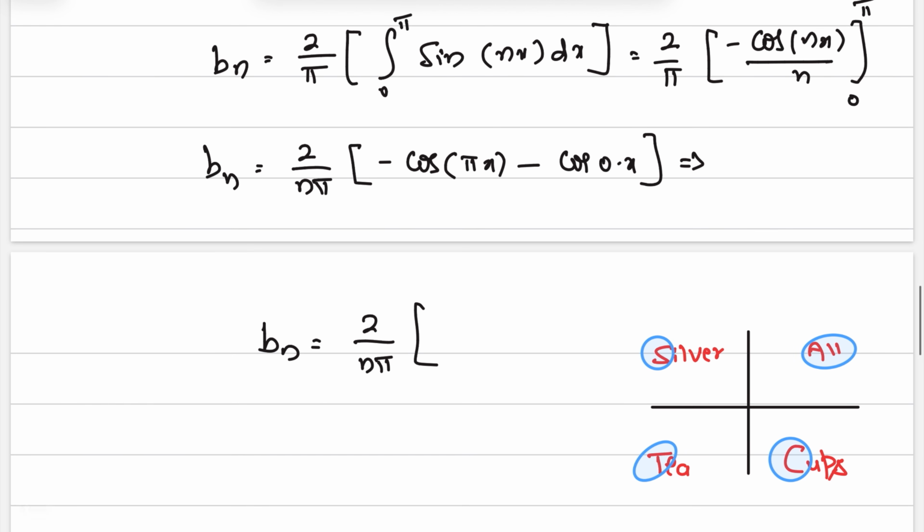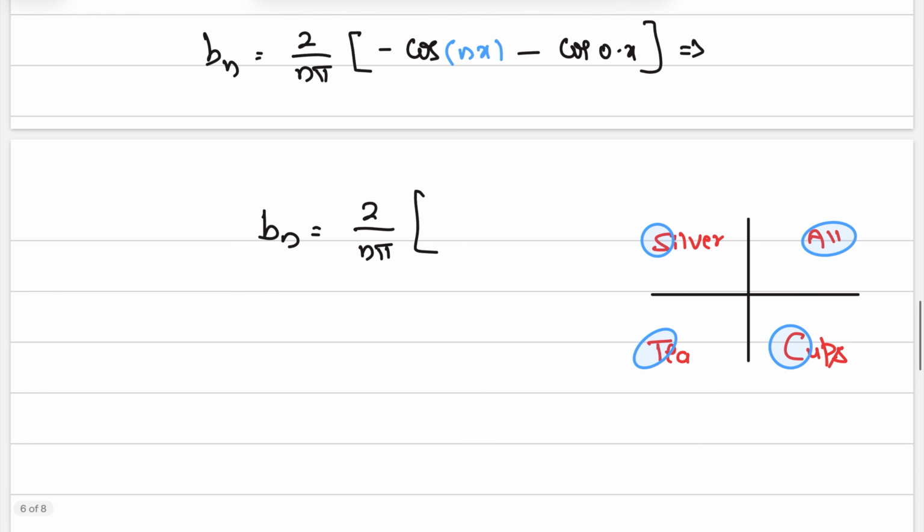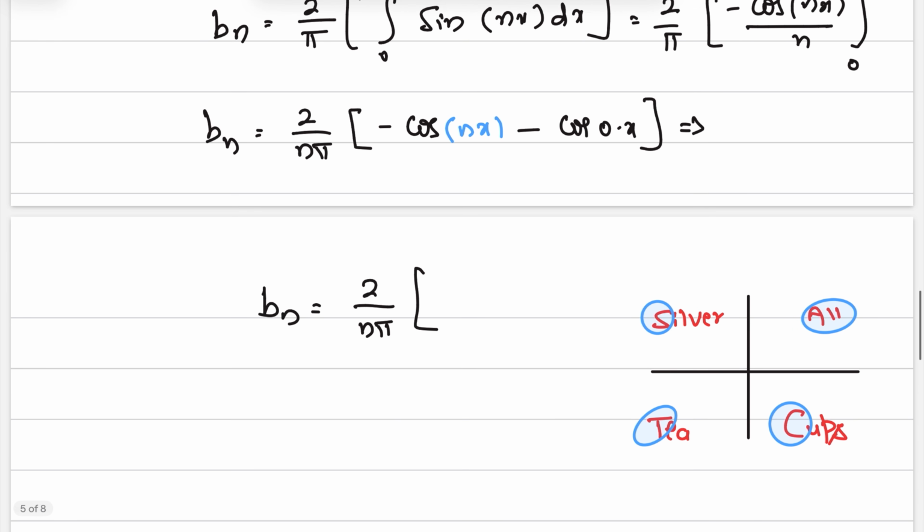Cos nx, sorry, not pi x. It is cos nx. Now, zero to pi means n into pi.